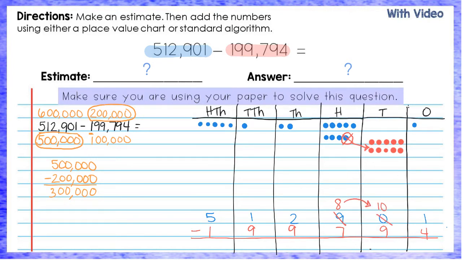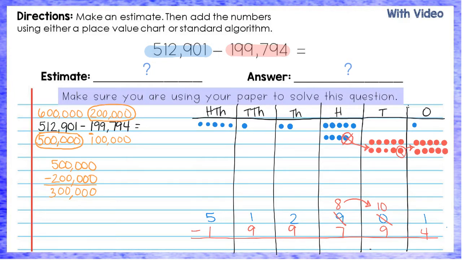So now I have 10 in the tens place, but I still have to subtract in the ones place before I can subtract over here. So I'm going to take one of my tens and regroup it into 10 ones. Count with me. 1, 2, 3, 4, 5, 6, 7, 8, 9, 10.